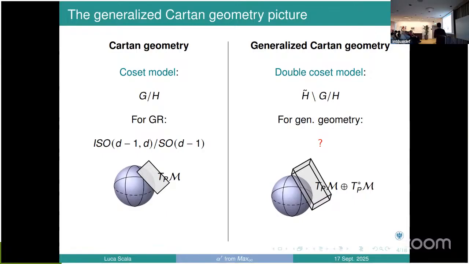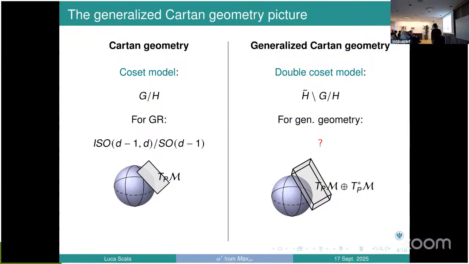What is the analog in our framework? So in this kind of generalized geometry framework we are considering, of course, since this is generalized geometry, we don't have anymore a simple tangent space. We have a generalized tangent space. It is a sum of tangent space and cotangent space. And this notion uplifts to generalized geometry as a double coset.